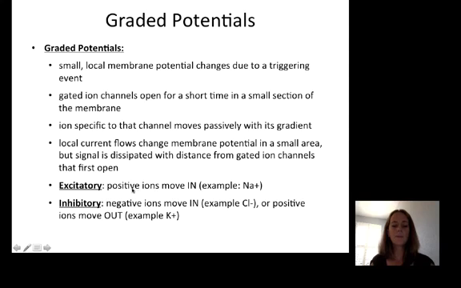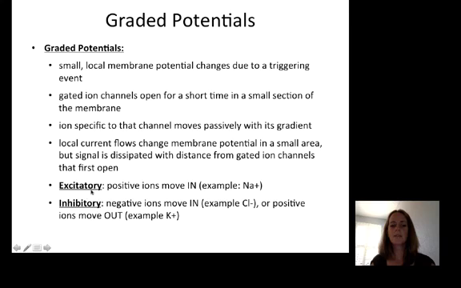They can also be inhibitory. So this can either be negative ions move into the cell, for example, chloride, or positive ions moving out of the cell, for example, potassium leaving the cell. That would cause the membrane to hyperpolarize, and those would be inhibitory graded potentials.